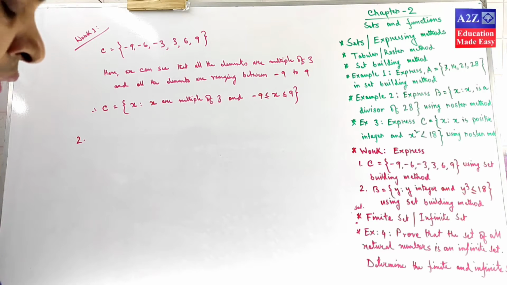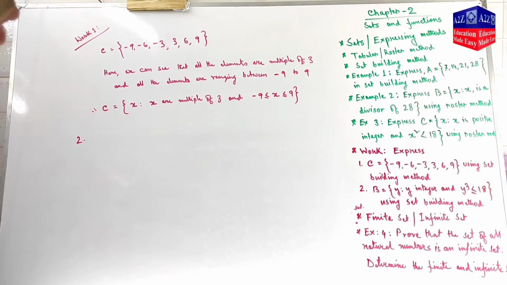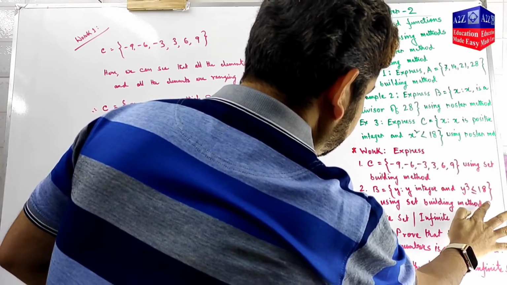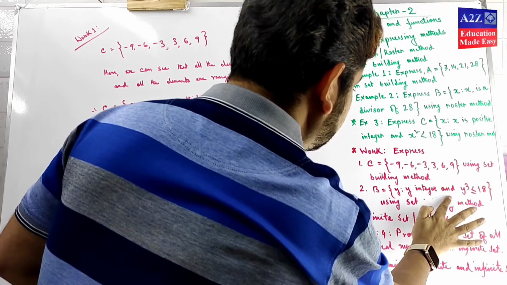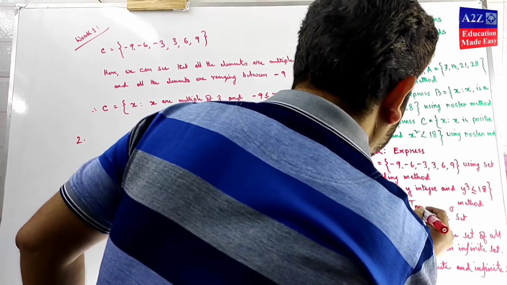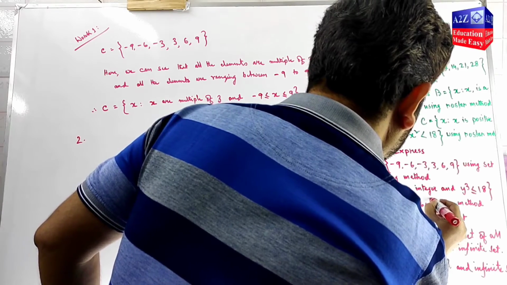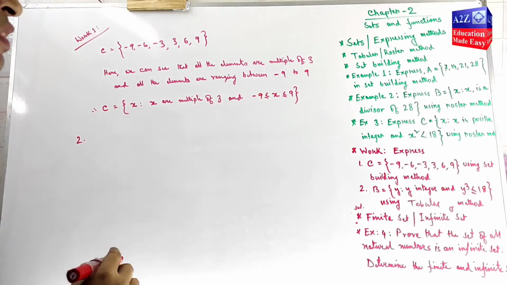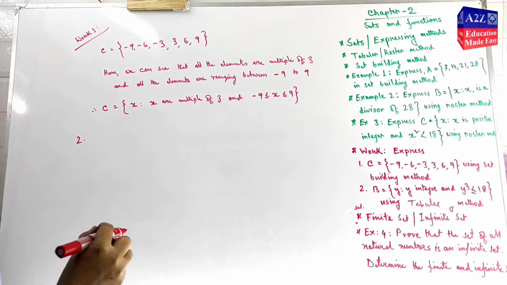Sorry, it is wrongly written. It should be the tabular method. This is already given in the set building method, so you have to convert it using the tabular method.